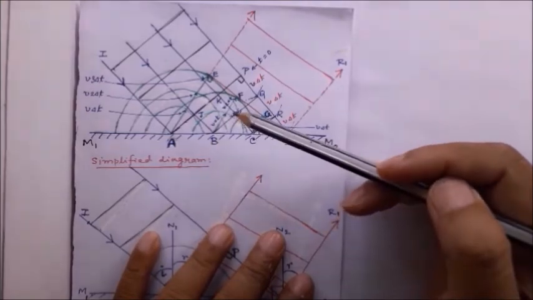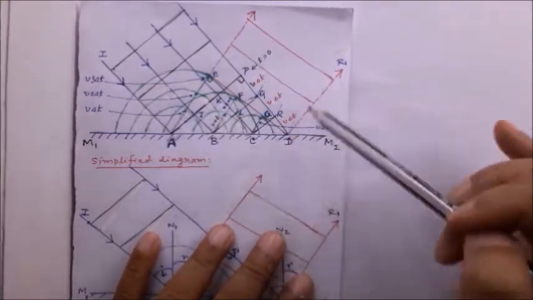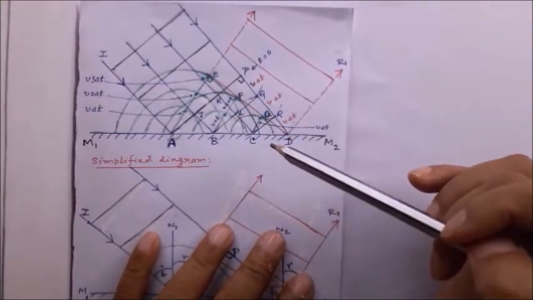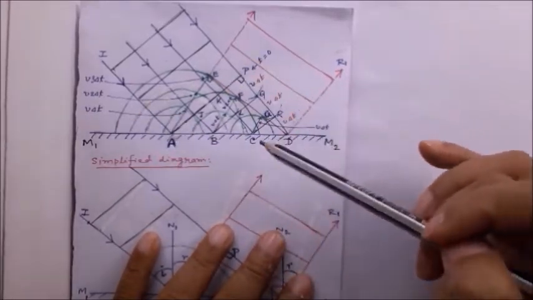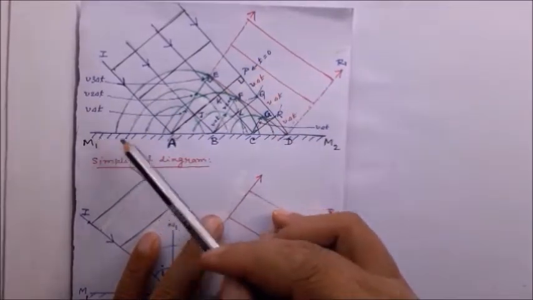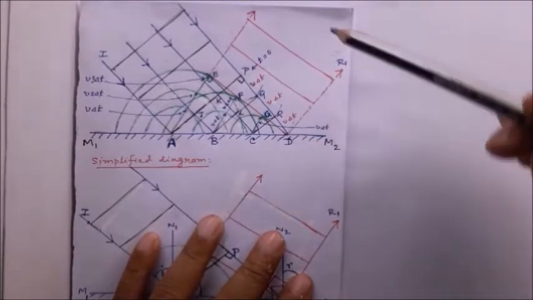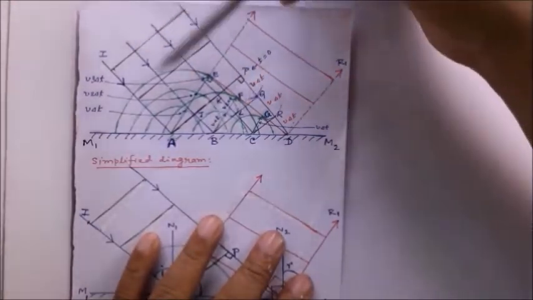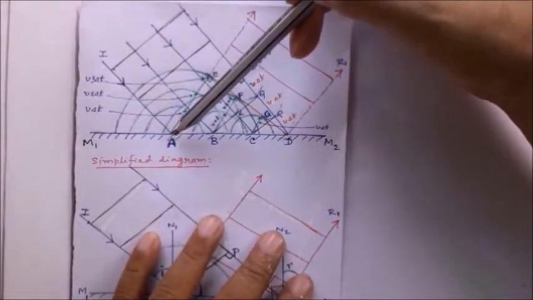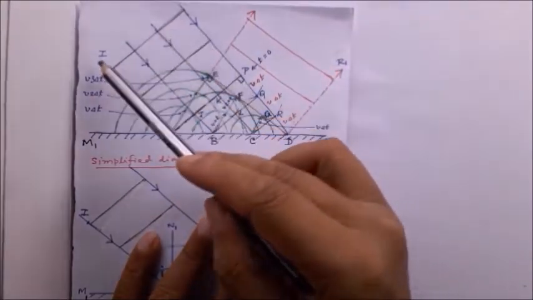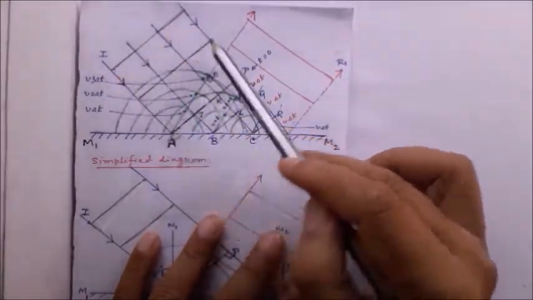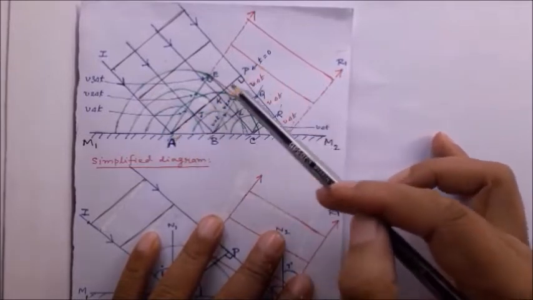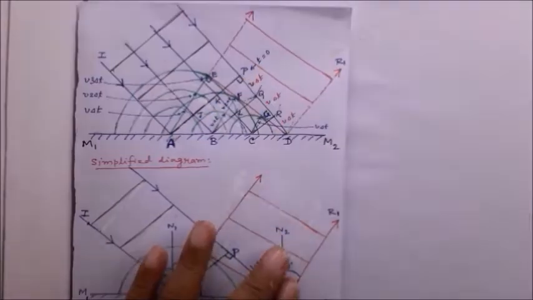But essentially, if the diagram for refraction is understood, this one will follow along the same lines. So this is the reflector M1, M2, and these are the rays. IA is a ray, and the wavefronts are perpendicular to this ray, so we have these wavefronts. At t equal to 0, AP is the position of the wavefront.